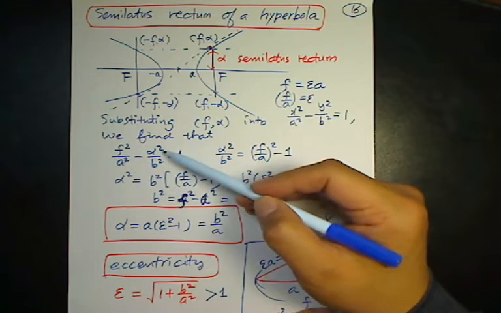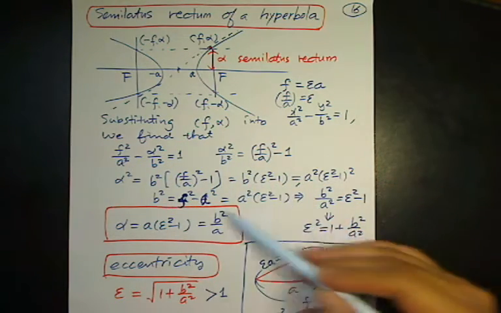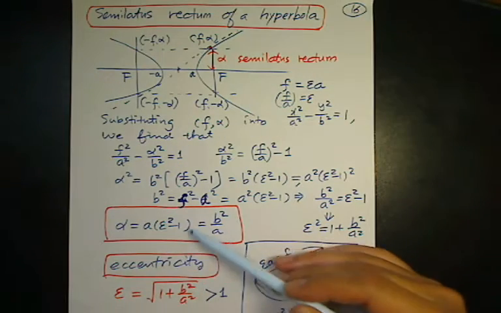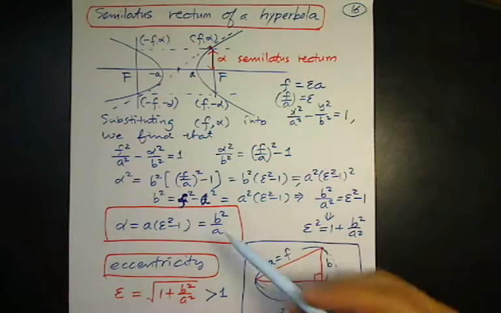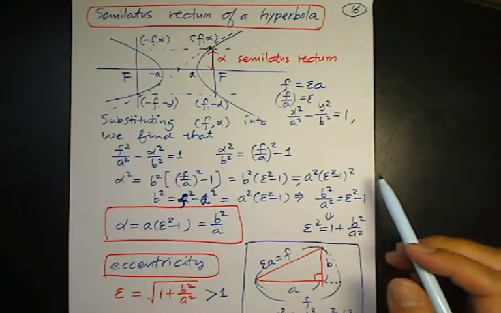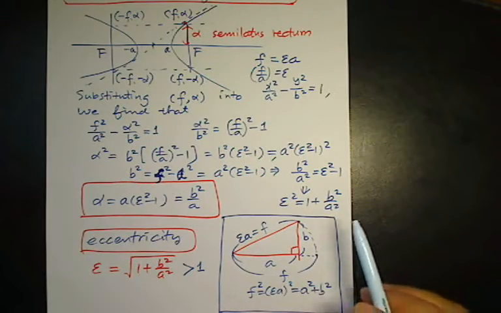Then the result is alpha equals a times epsilon squared minus 1, that is b squared over a. This one is always the same, but the position of the directrix is different depending on the geometric object.